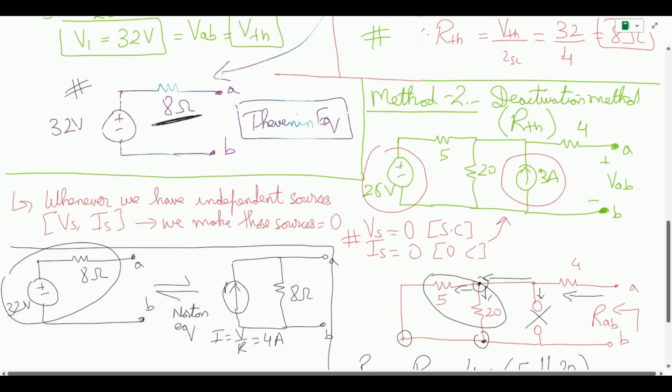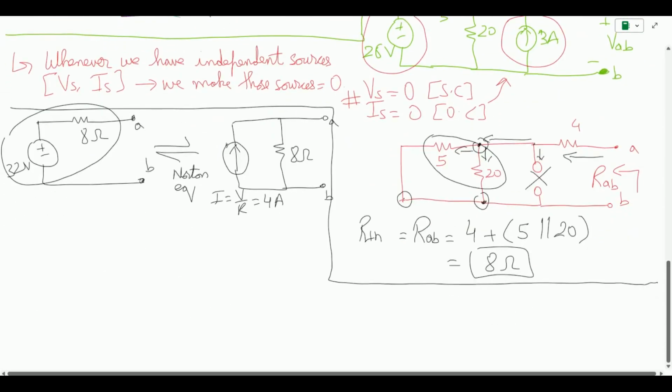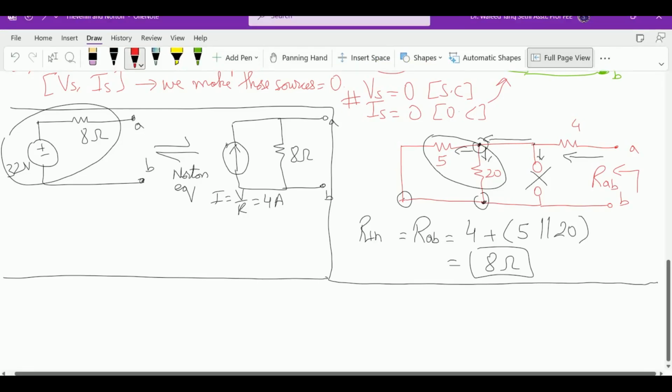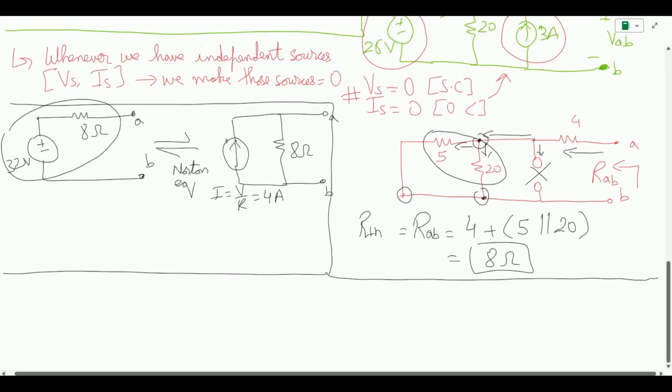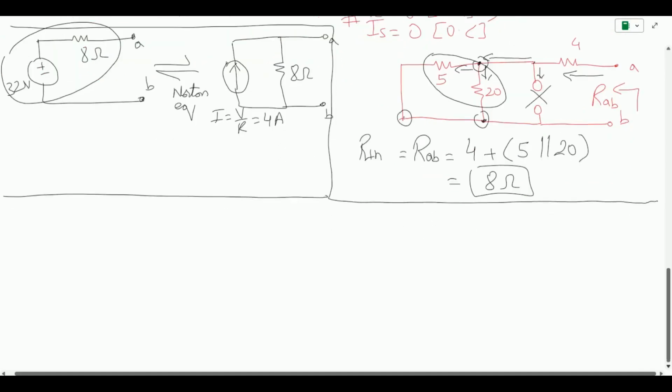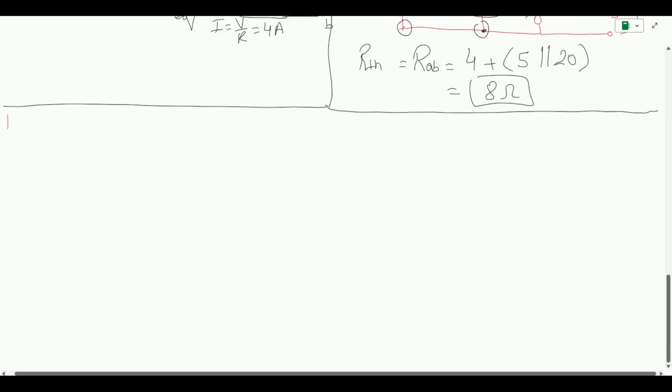And if you don't want to go through this track, then you can again use the source transformation on the original circuit. For example, if I have the original circuit drawn again over here and I want to find the Norton equivalent of it without going through the process of finding the Thevenin equivalent.